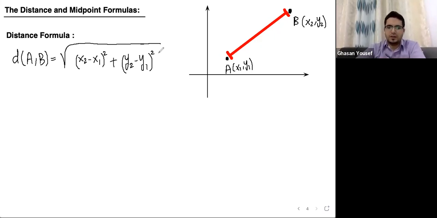The distance between the two points is the difference between the x coordinates squared, plus the difference between the y coordinates squared, all under the square root.